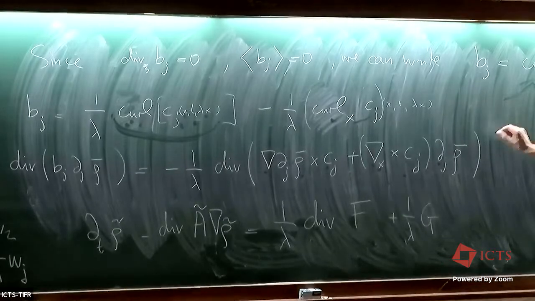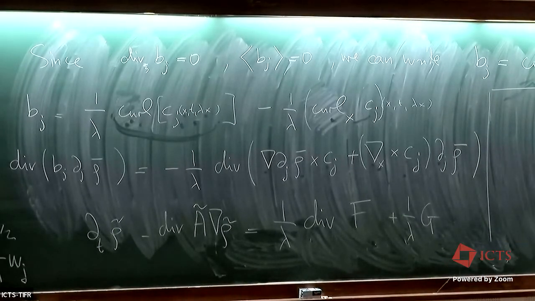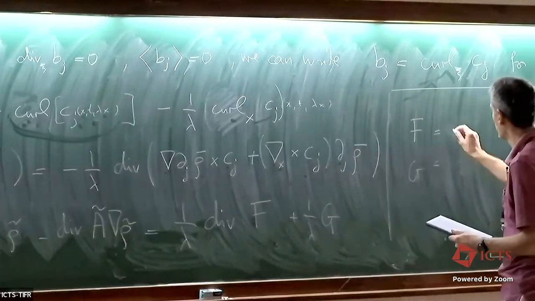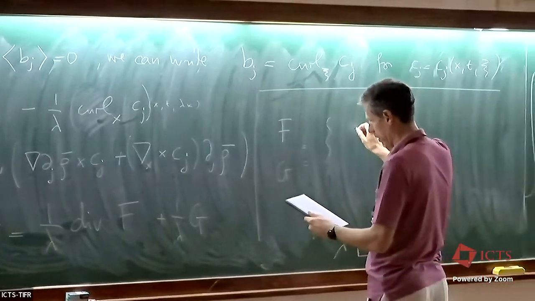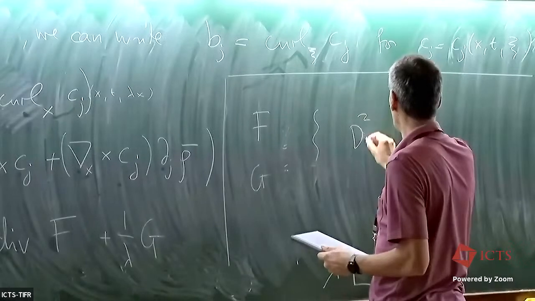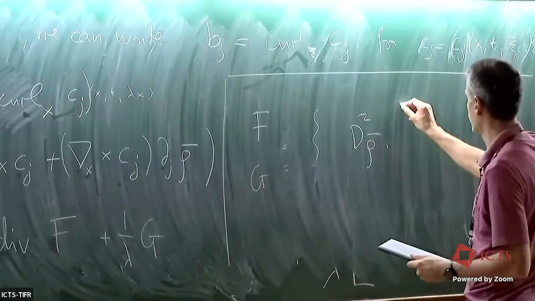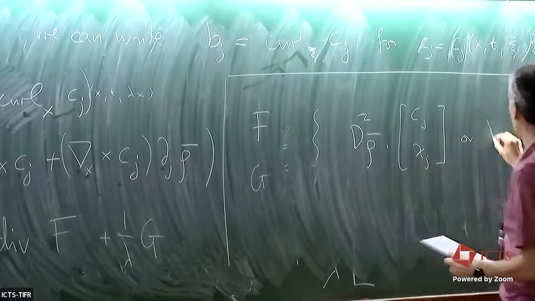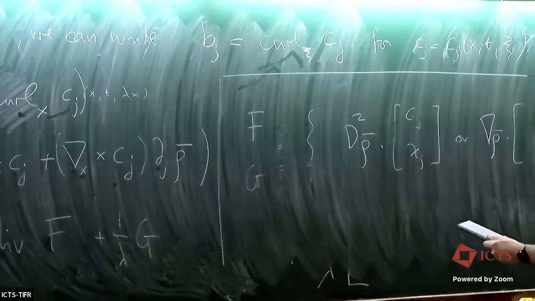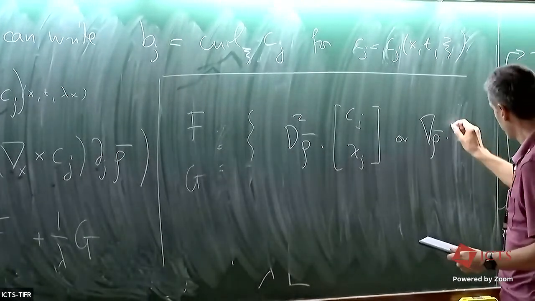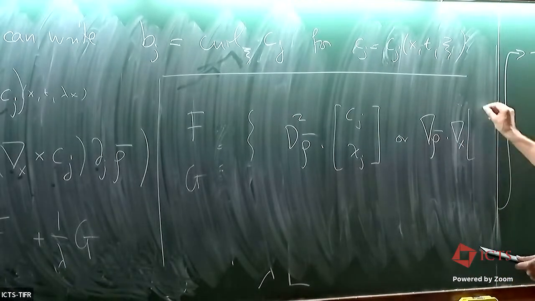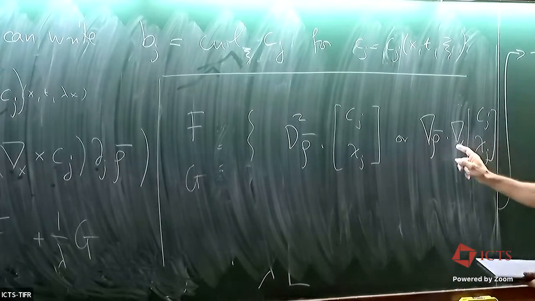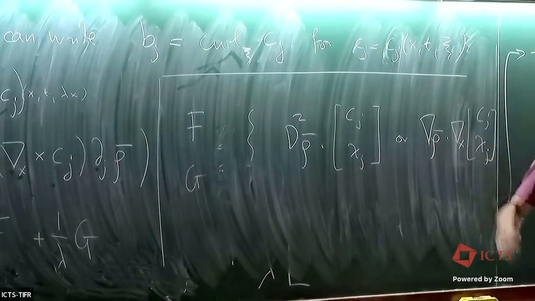And so this capital F, and the G also, are of the type that you have, say, second derivative of the rho bar times either Cj or Kj, or first derivative of the rho bar times one derivative in the slow variable of the Cj or the Kj, all these terms. And also you can have dt, so one of these derivatives can be dt also. Okay?